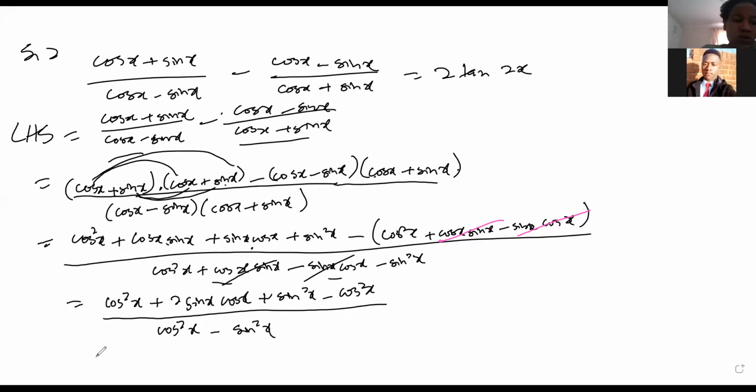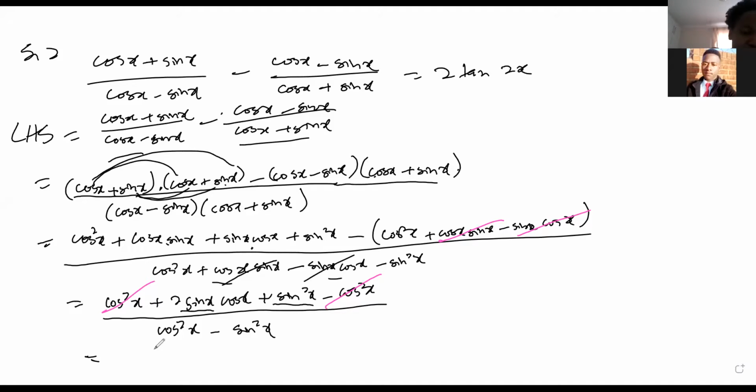Now, can you see this and that cancel out? Then I am left with, I can take out a common factor just to save space because I don't have space. Sine x and sine x are common factors.